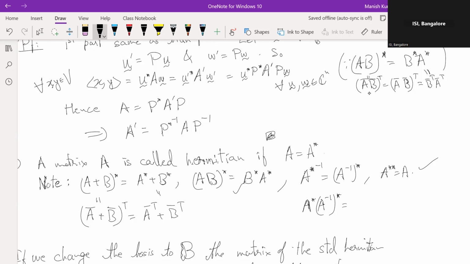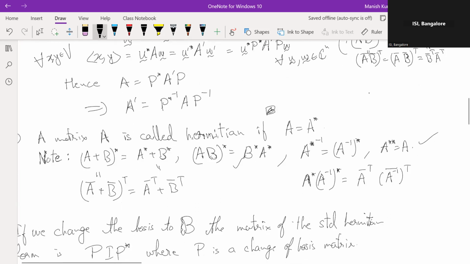So this is A bar transpose times A inverse bar transpose.